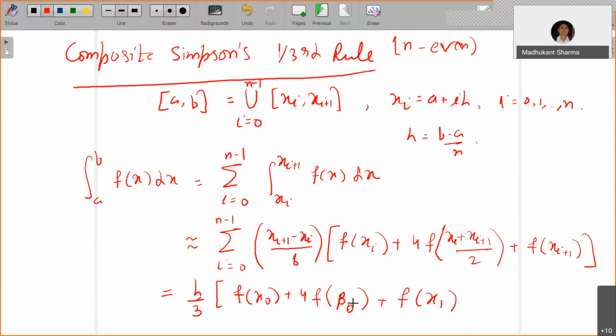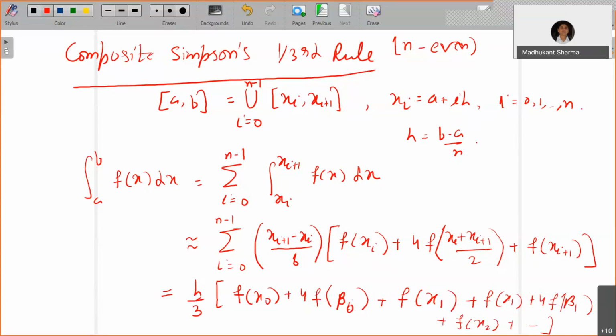What beta naught and all that are, we are going to write now, plus f at x1 plus 4 times f at beta 1 plus f at x2 plus and so on.